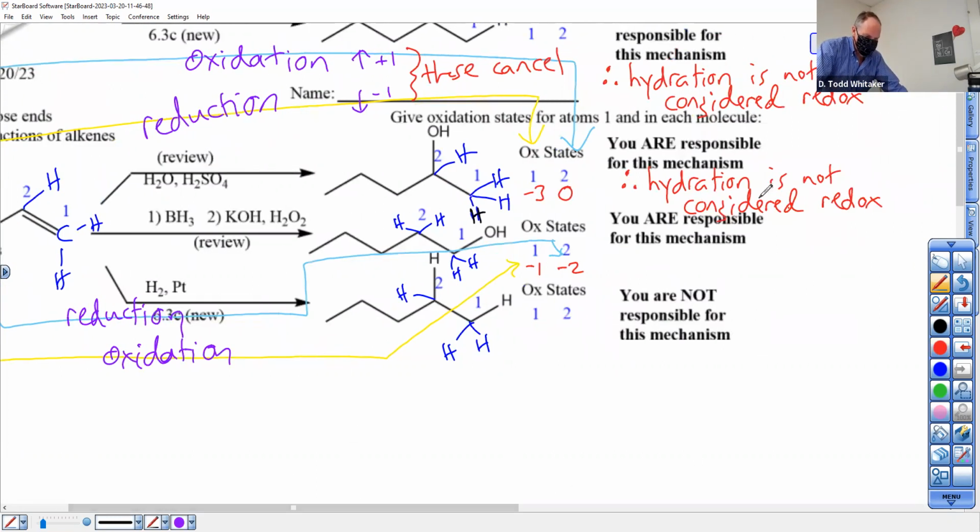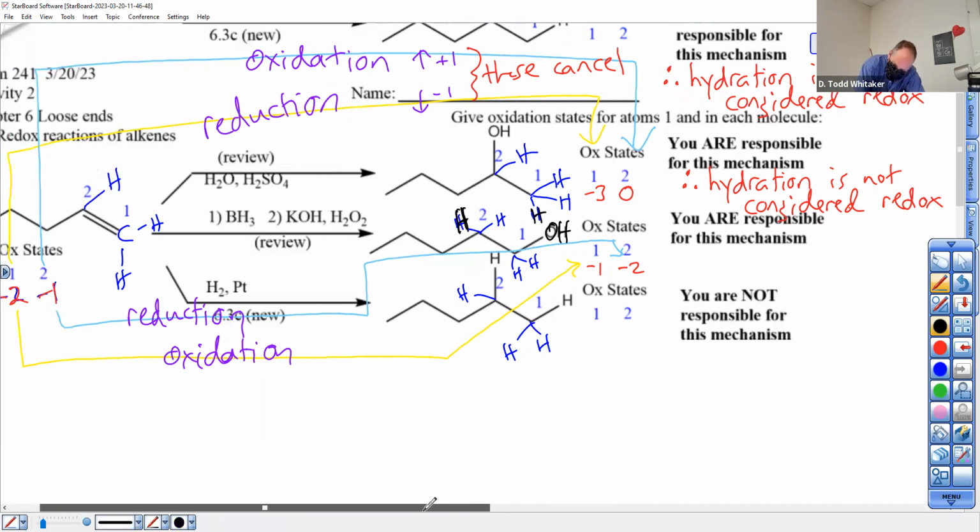They're both called hydration reactions because you have a new OH and a new H. You want the new H in a different color. On this one, there's the new H. There's the new OH. That's hydration. Adding water to a formula. We got an anti-Markovnikov versus a Markovnikov in terms of redox. Doesn't matter. They're both not redox. That's what it says. Not considered redox.